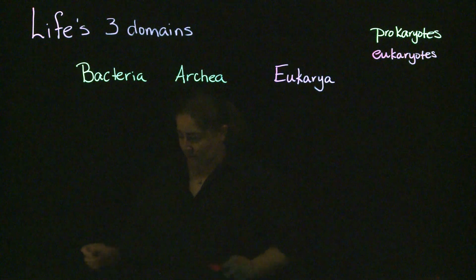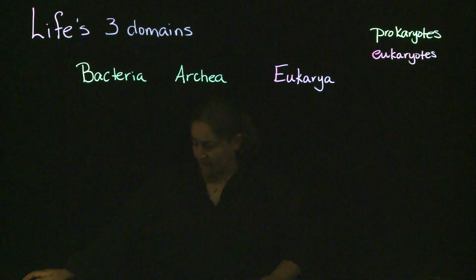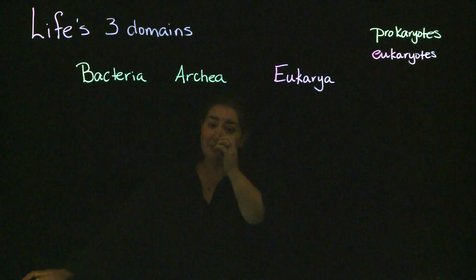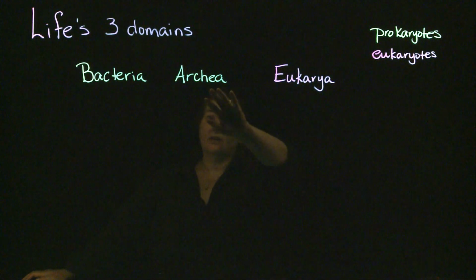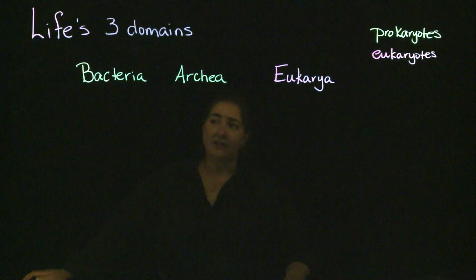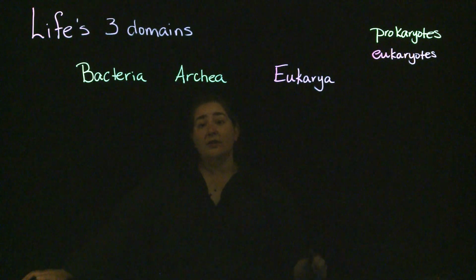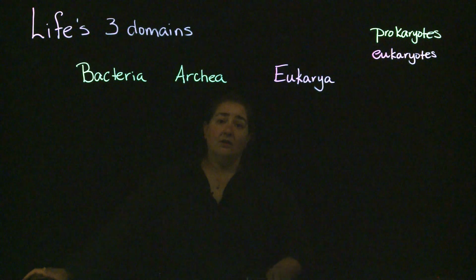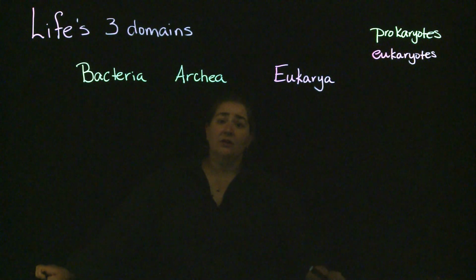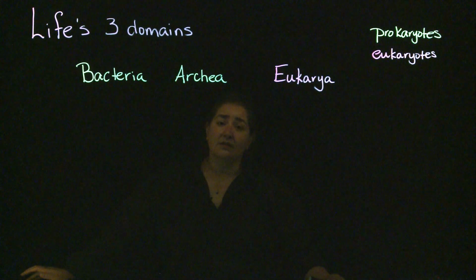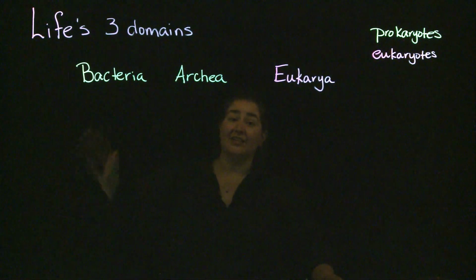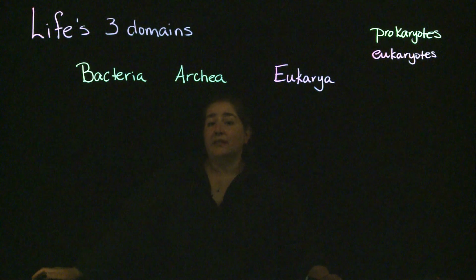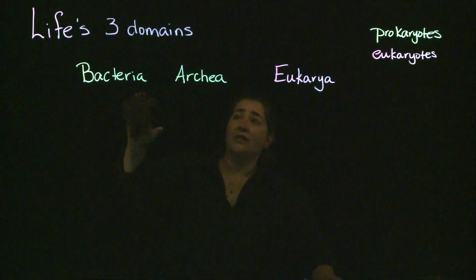So in terms of our domains, the three domains we have are bacteria, archaea, and eukarya. Bacteria primarily are what it sounds like, that make up the one-cellular prokaryotic cells that you'll study a lot in microbiology, all right? So bacteria are going to be one of our domains.